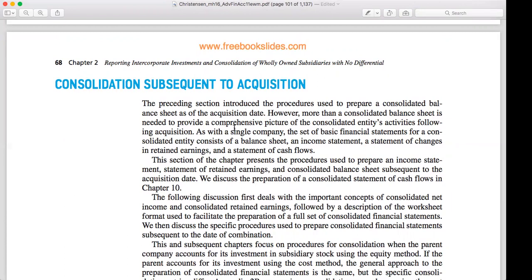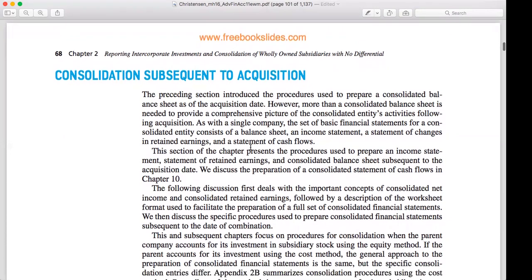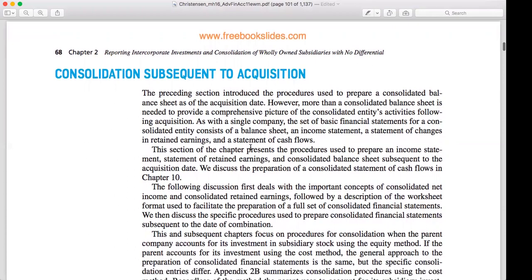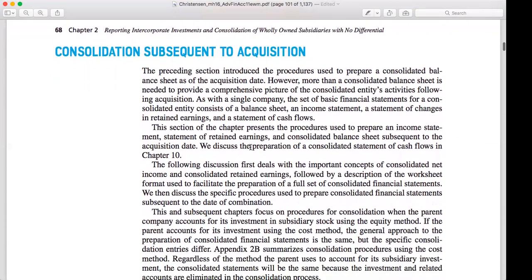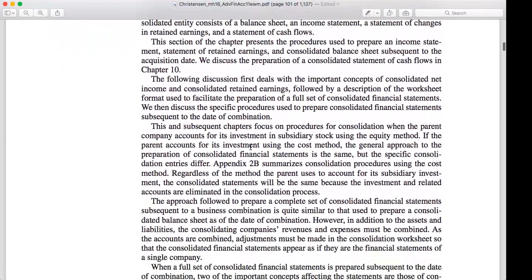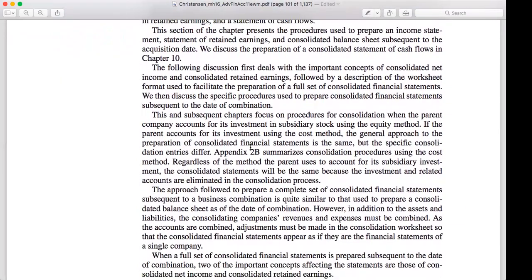The basic financial statements for a consolidated entity consist of the balance sheet, income statement, and others. So this will focus on preparing the income statement, retained earnings, and the others.